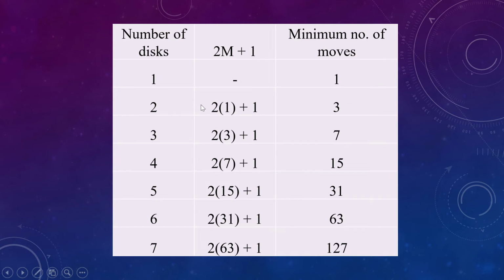So for 2 it is 2 into 1 plus 1. For 3 it is 2 into 3 plus 1, which is 7, and 3 was the minimum number of moves for the previous turn. For 4 it's 7 times 2 plus 1, 15. For 5 it's 15 into 2 plus 1, 31. For 6 it's 31 into 2 plus 1, 63. For 7 it is 127, and for 8 it'll be, I think, 257.